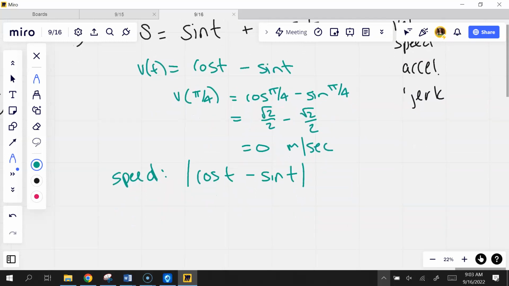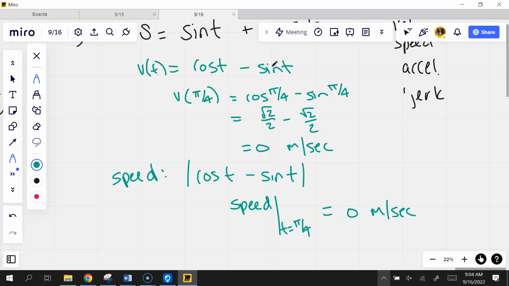The speed, therefore, at pi over 4 is what? Same thing.